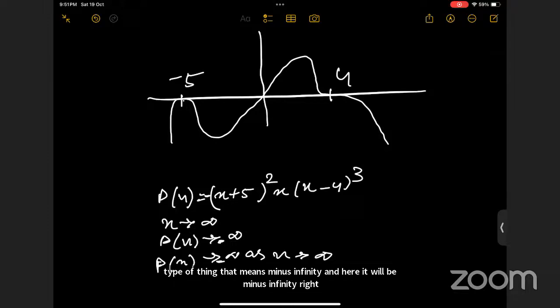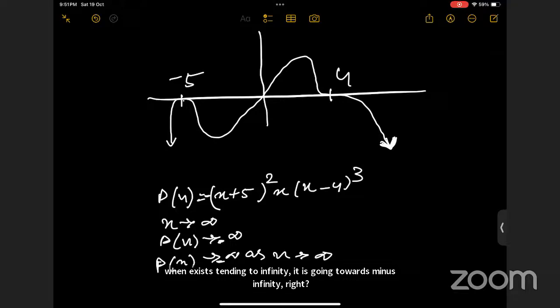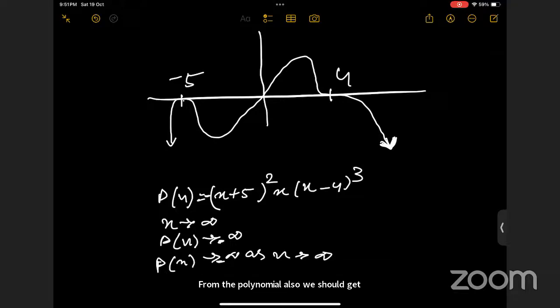Why should we add a minus to the equation, ma'am? Because see the end behavior here. When x is tending to infinity, it is going towards minus infinity, right? From the polynomial also, we should get the same. If we don't add the minus here, then the graph would be like that.